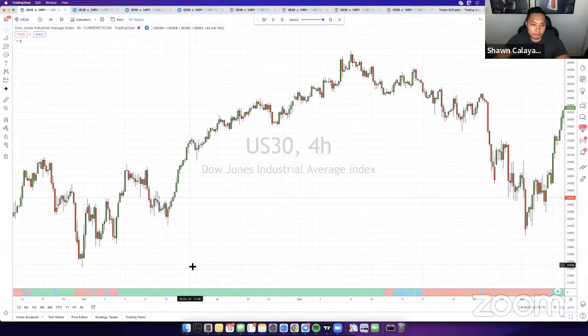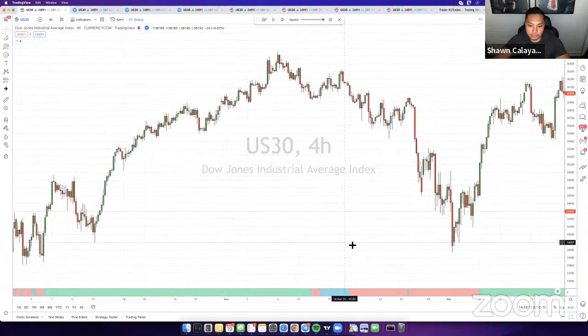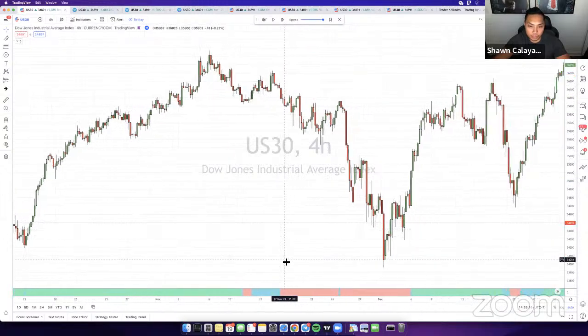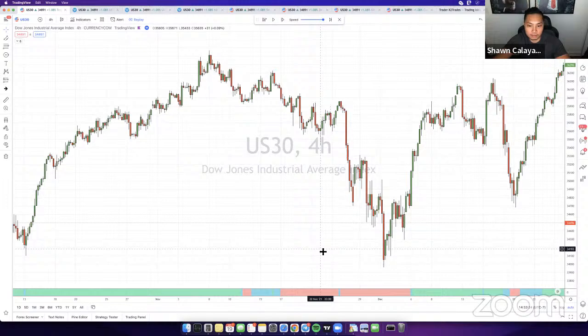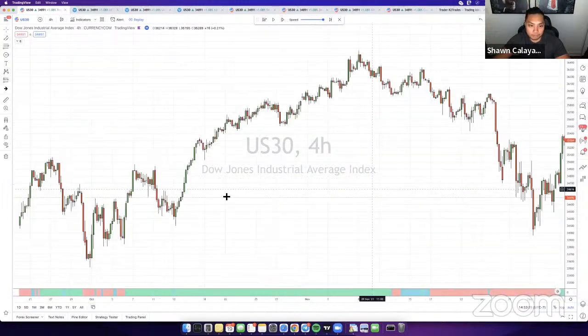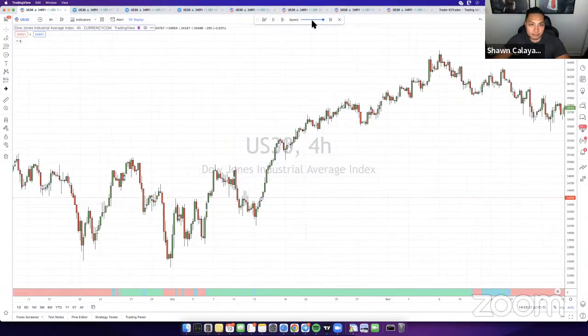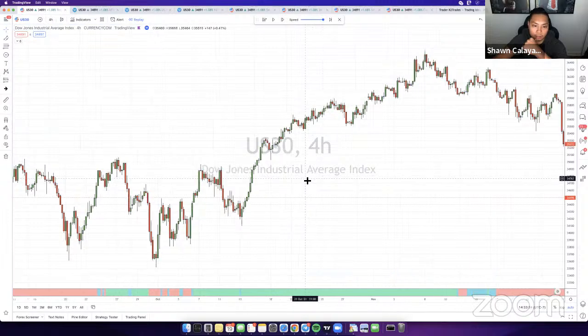All right, so basically the trend meter down here, when it's green, this indicates that the trend is bullish. Vice versa, when the trend meter is blue, this indicates that the trend is neutral. And when the trend meter down here is red, this indicates that the trend is bearish, right? So this basically gives you a quick overview as to where the trend is moving without having to draw a trend line, right?